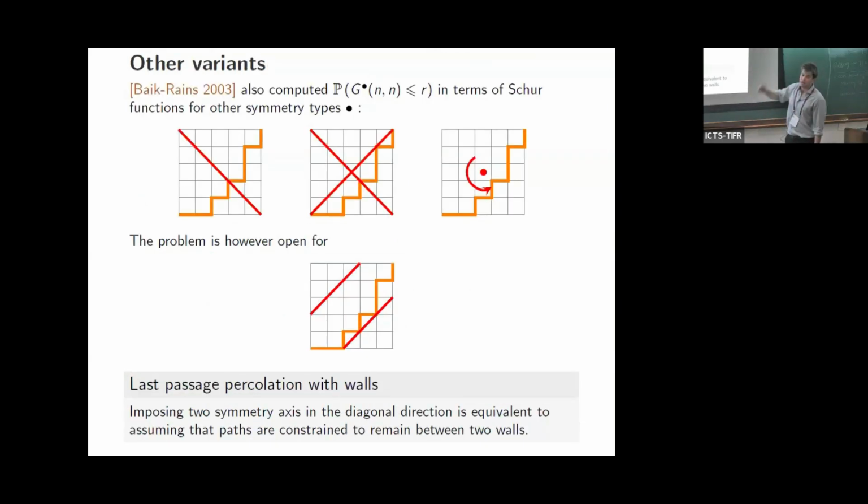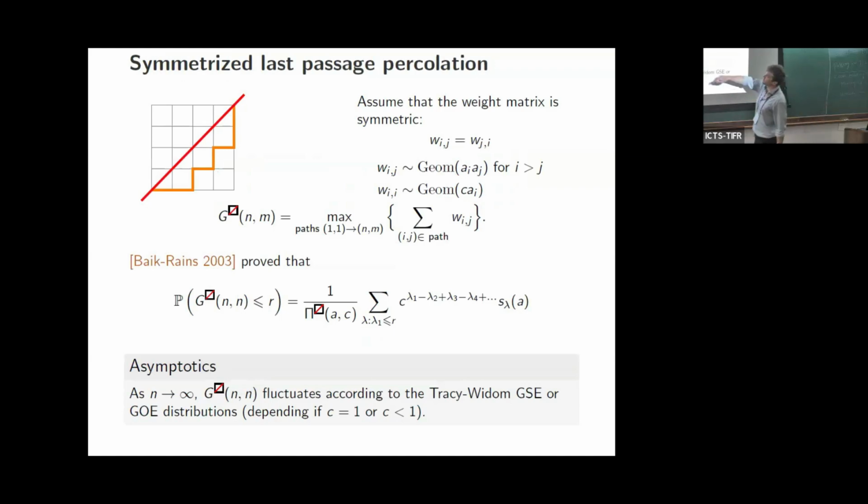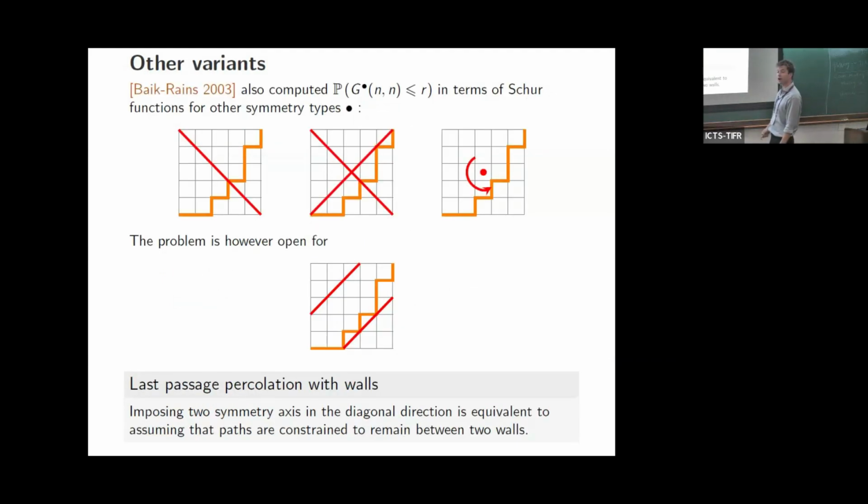So in this paper of Bike and Rains that I was mentioning, they did this symmetry class, assuming that the matrix is symmetric, but in the same paper, they also work out other possible symmetries. So you may assume that your matrix is symmetric with respect to the other diagonal. Again, you can write the distribution of the last passage time in terms of Schur functions, and one can do asymptotics, and they did it.